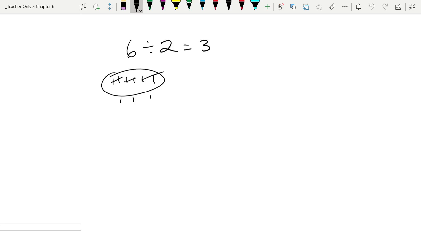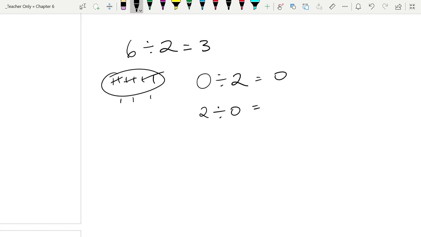So now, if that makes sense to you, notice that this question does have an answer. How many 2's can I take away from 0? None. I don't have anything to take away. But notice this question doesn't have an answer. How many 0's can I take away from 2 before I run out of stuff? Well, I'll never run out of stuff.